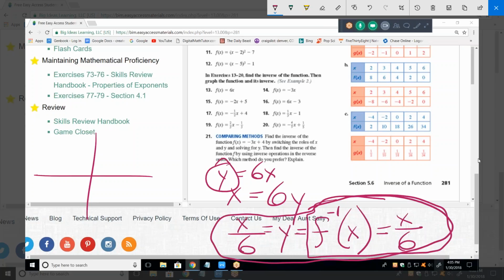If I want all my functions to be in this format so that I can graph them easily, then I have to know how to put that into that format. What is b? 0. M is 6. It's the coefficient of the x that is the 6.